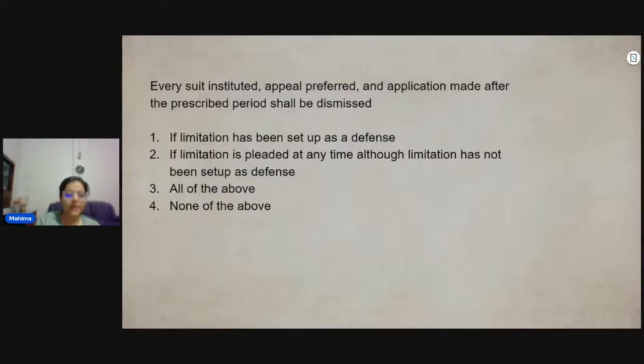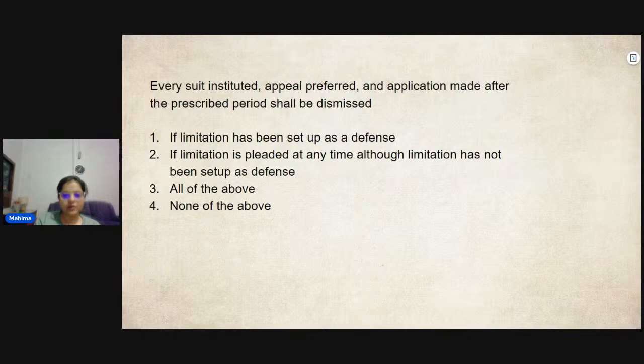Yes, okay. Every suit instituted, appeal preferred, and application made after the prescribed period shall be dismissed if limitation has been set up as a defense. If limitation is pleaded at any time, although limitation has not been set up as a defense, all of the above, none of the above.